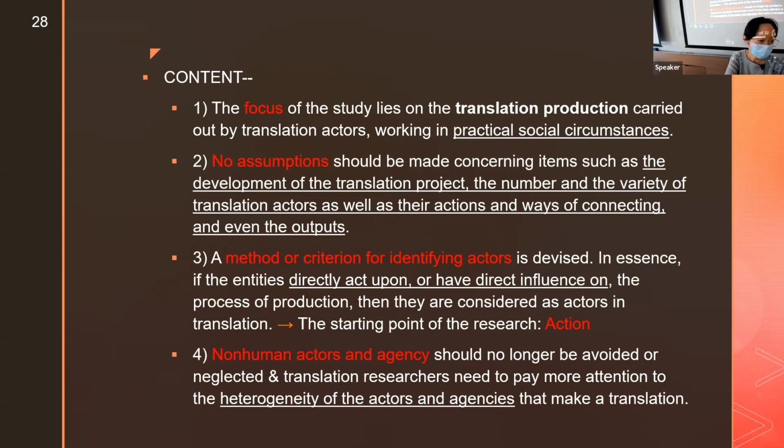And lastly is that non-human actors and agencies should no longer be avoided or neglected. Translation researchers need to pay more attention to the heterogeneity of the actors and agencies that make a translation.